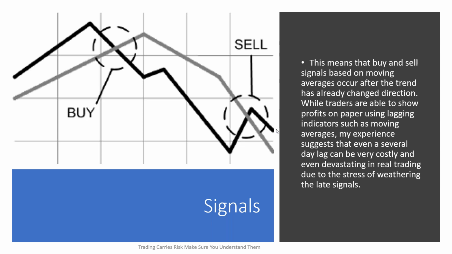While traders are able to show profits on paper using lagging indicators such as moving averages, my experience suggests that even several day lag, or several period lag, can be very costly, and even devastating in real trading due to the stress of weathering the late signal.